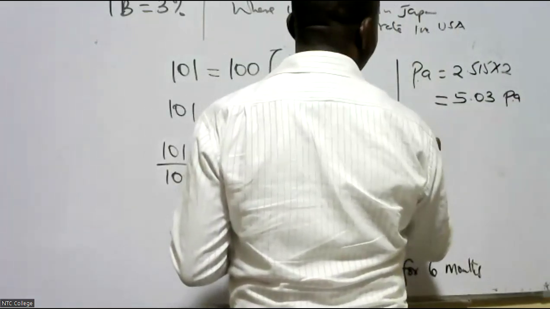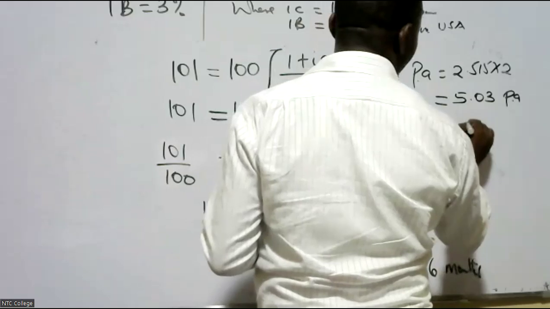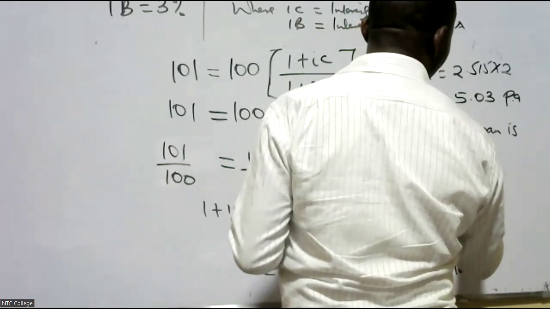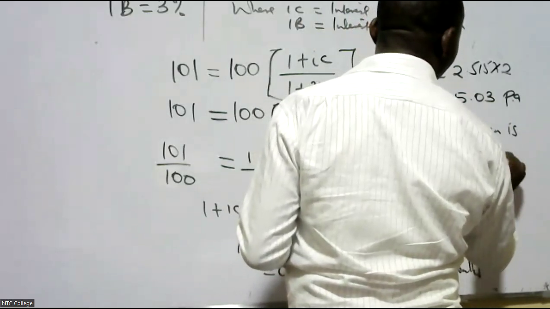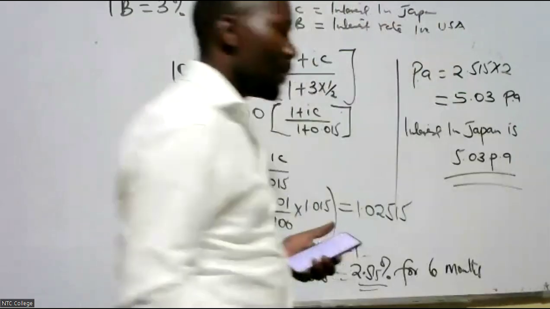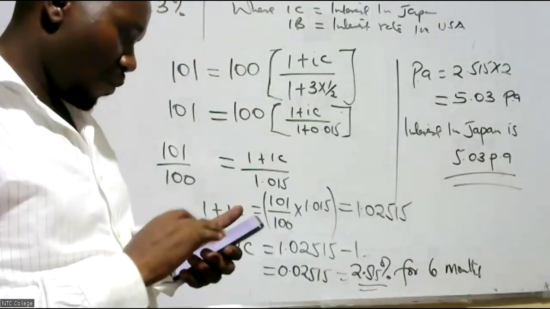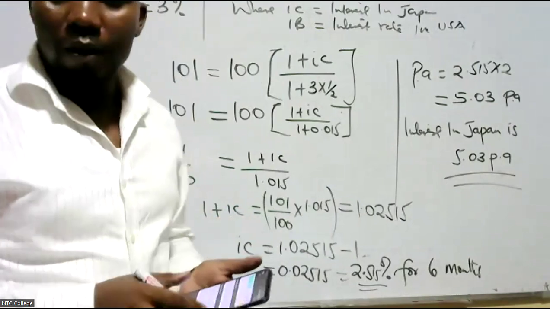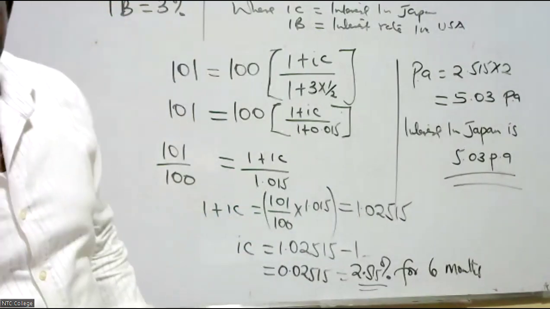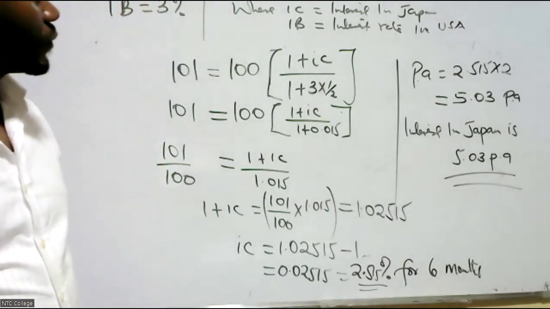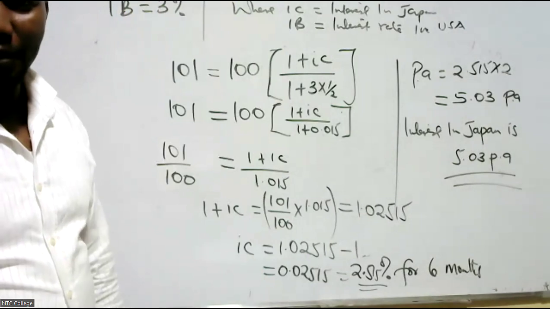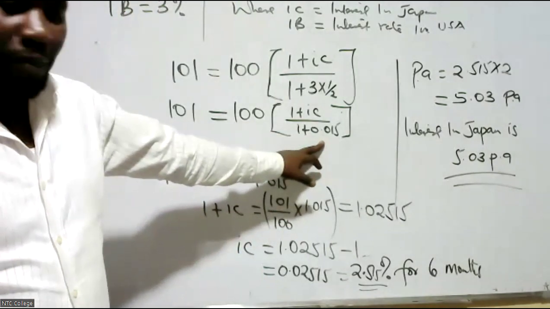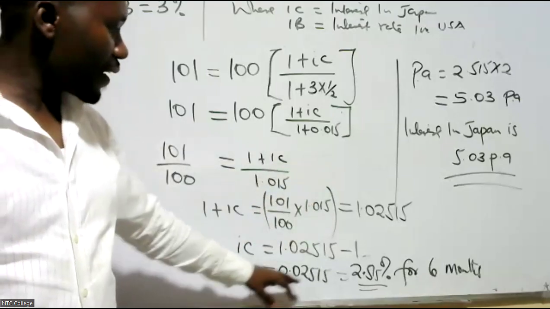So the interest rate in Japan is 5.003. It was converted to 6 months because the investment is for 6 months, so you get the 6-month rate.